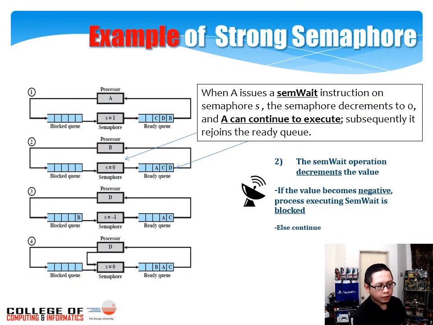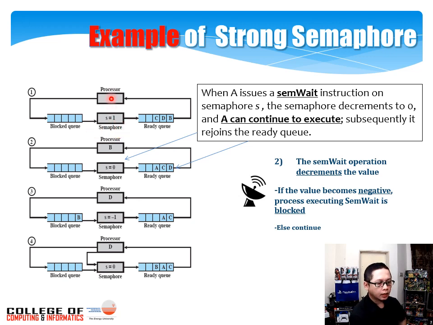Now, what happens after A executes? After A executes, A issues a SEM wait. Remember what happens when SEM wait operates? When the SEM wait operation is executed, it will decrease the semaphore value. Initially S is 1.